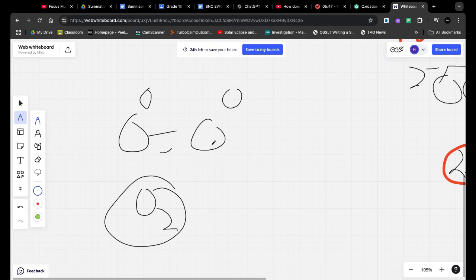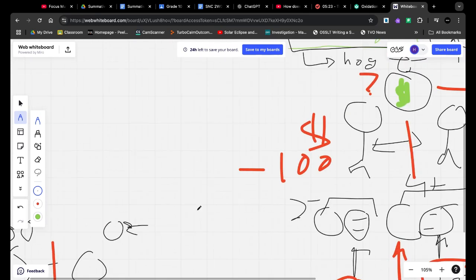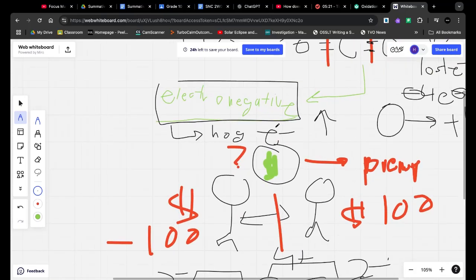So when they break, that would never happen because oxygens are diatomic molecules. But theoretically, if their bond were to break, their oxidative state would be 0, and they would both be at a zero charge because they both would hog the same amount of electrons. They both have the same capability of hogging electrons.